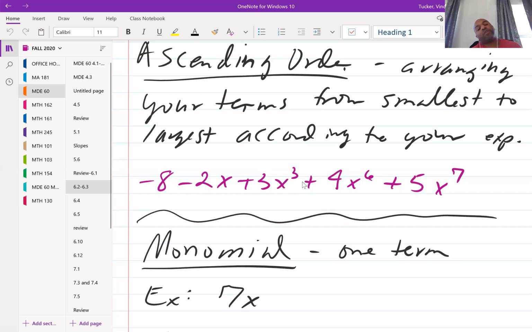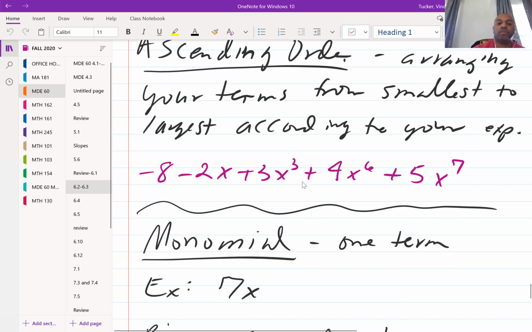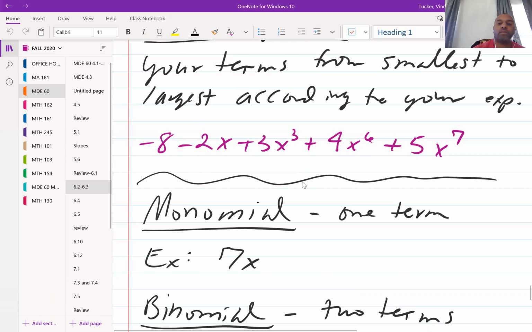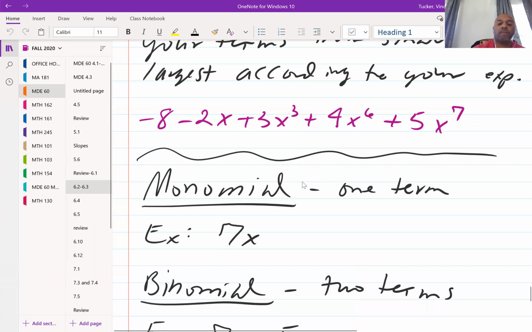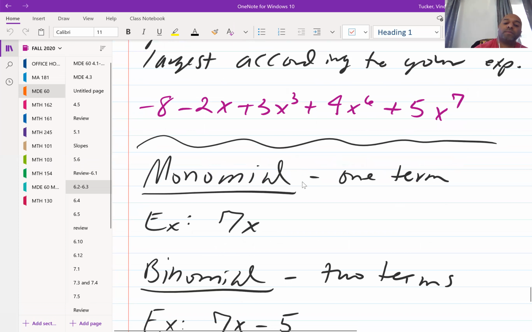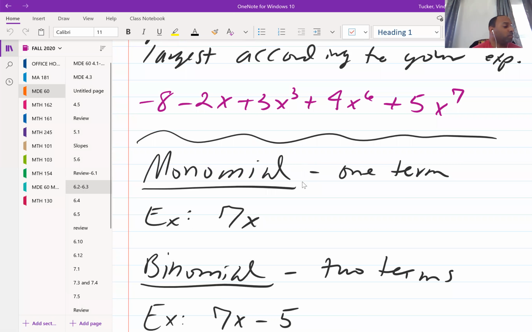All right, types of polynomials. A monomial is one term. If you just have a single term, consider it a monomial. A binomial is two terms. Remember, your terms are split up by your plus and minus signs.